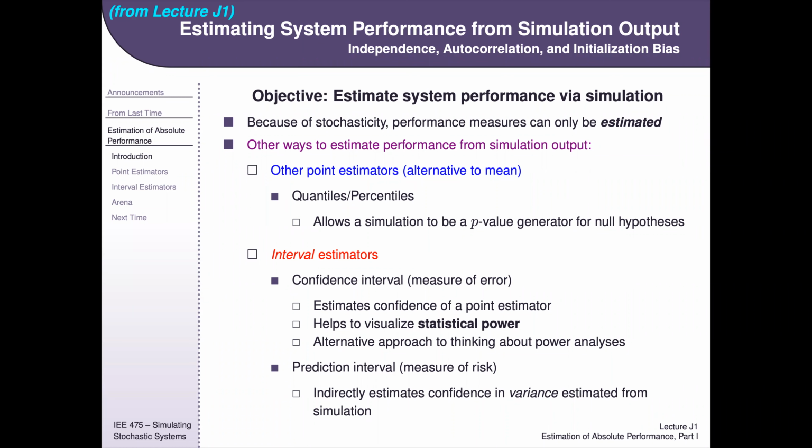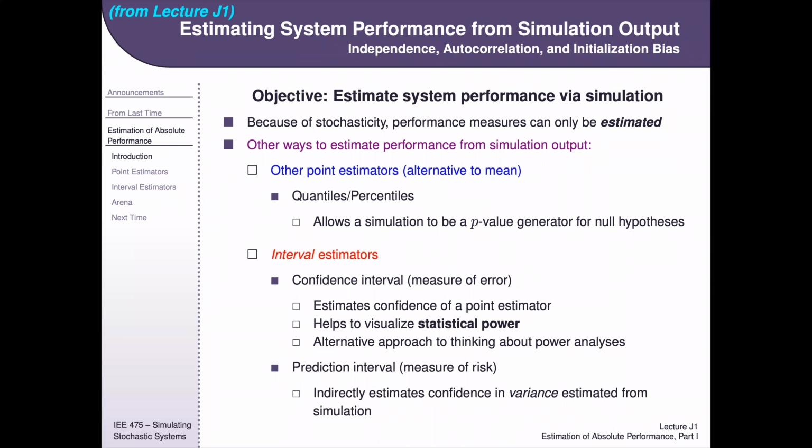And prediction intervals, which are a measure of risk. Given that you've given someone a mean, they might still be interested in knowing, well, what's the spread of values I might expect if the system were to run once more. If you just ask for one replication, that could be very far from the mean.